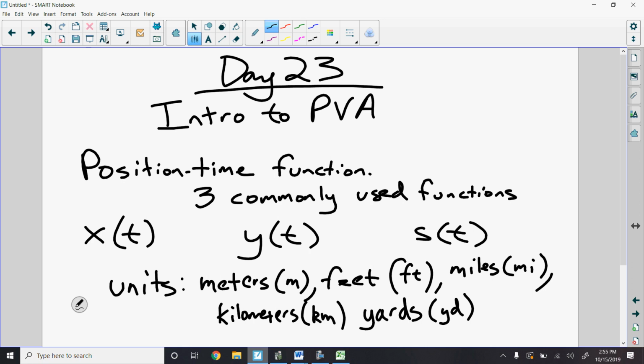The most common units that we see here are going to be meters and feet. Just be prepared that it could be anything.